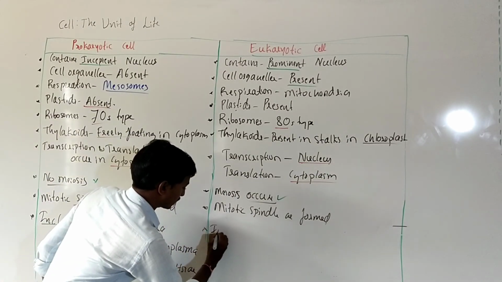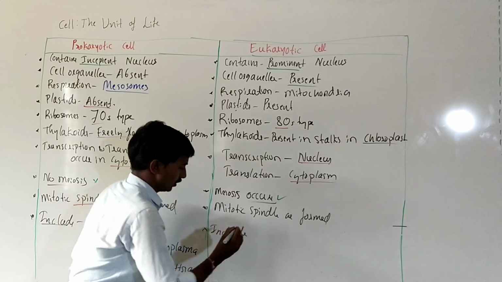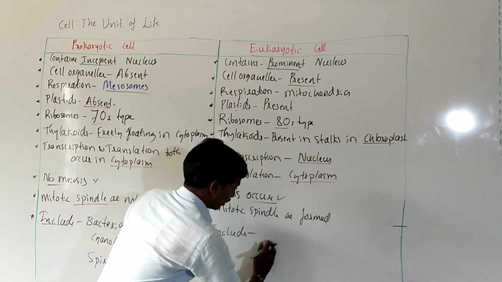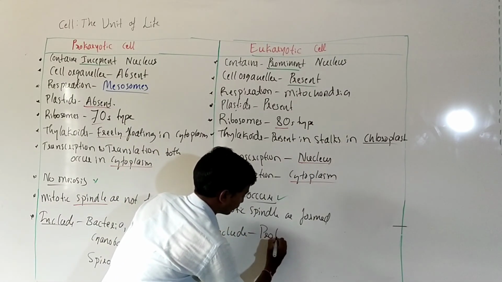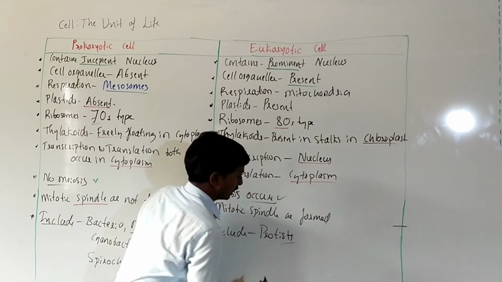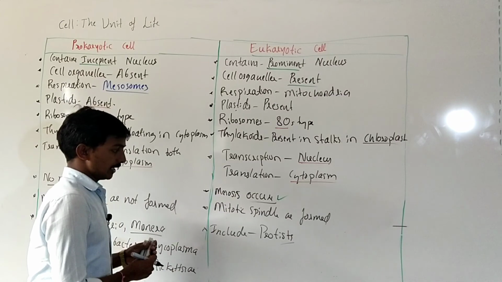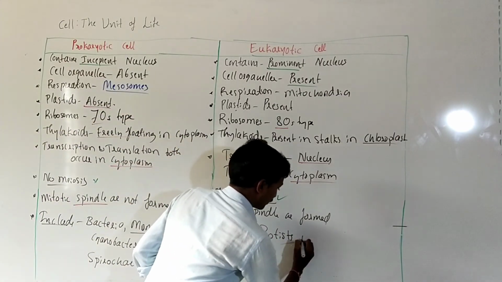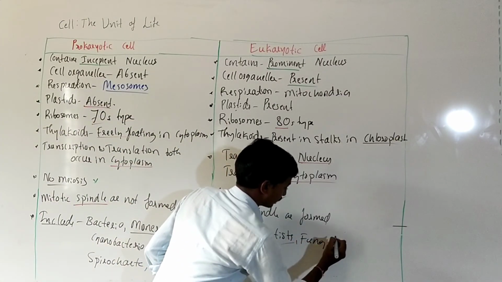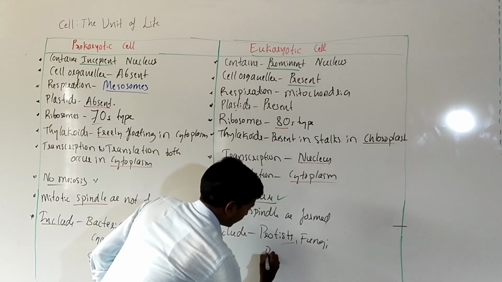The eukaryotes include protists like amoeba, euglena, paramecium, protozoans and slime molds, etc. It includes fungi and includes plants and animals.